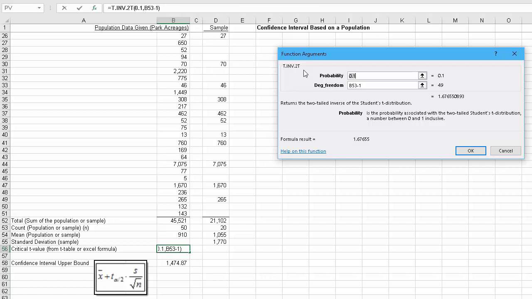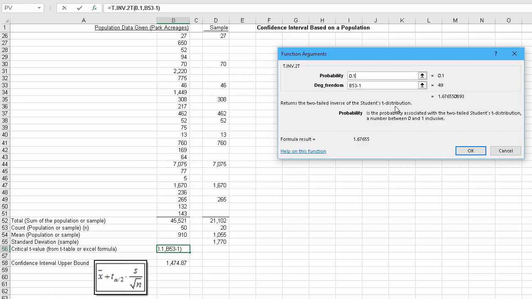Okay, that's the name of the formula. Then you put a left paren and you could call it up. And in our case, the probability of it falling outside of the normal distribution is 10%. And we're using a two-tailed inverse of the student's t distribution. Okay?